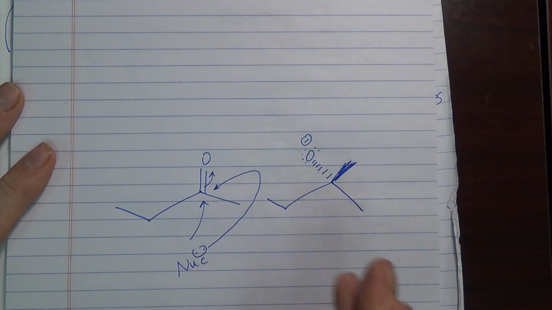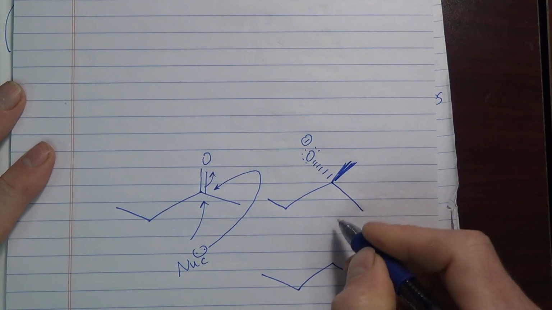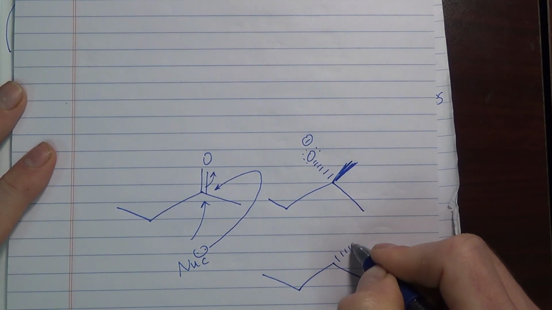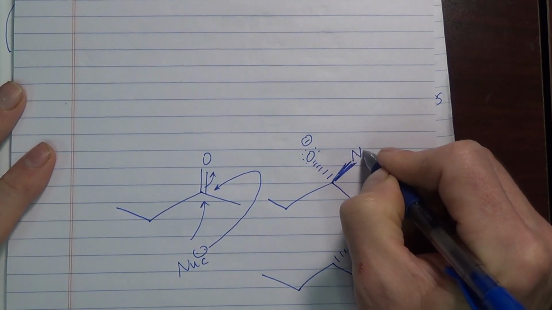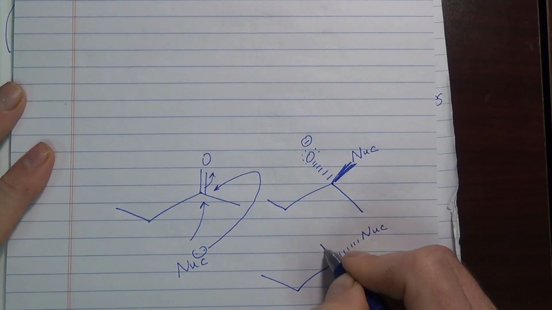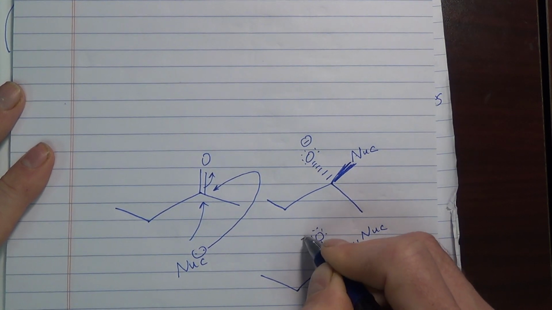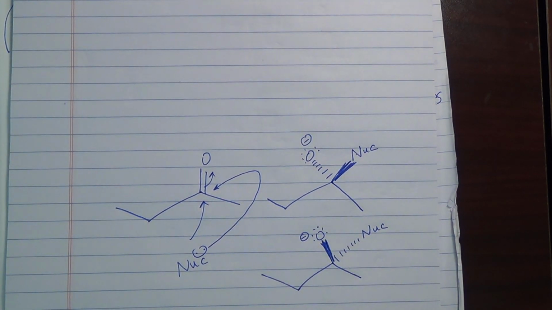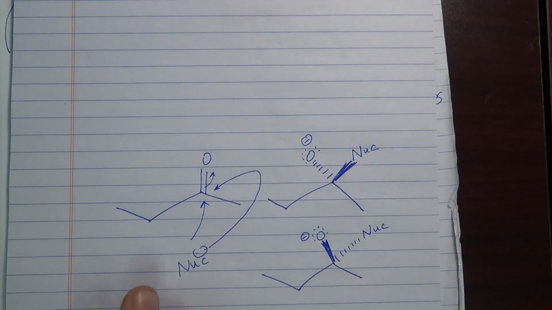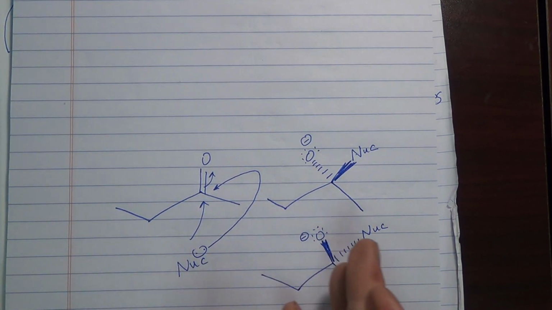But this can either be from the front or back. It can also come in from the back. If it came in from the back, this is the nucleophile, it would push the oxygen forward. And since the original is planar, you have a 50-50 chance of being on either side of that.